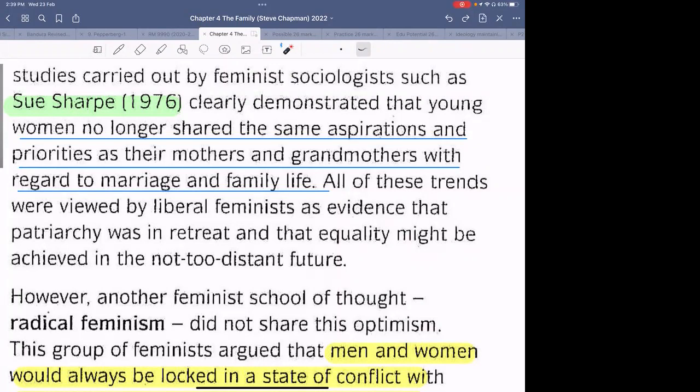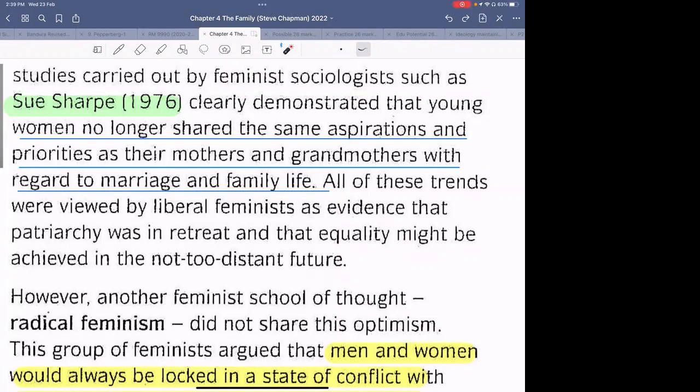However, when she conducted this research again in the year 1976, yeah.